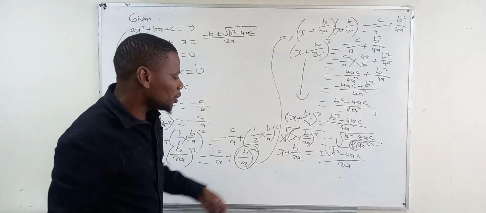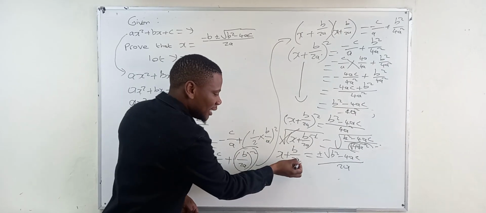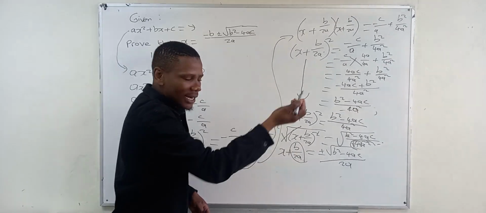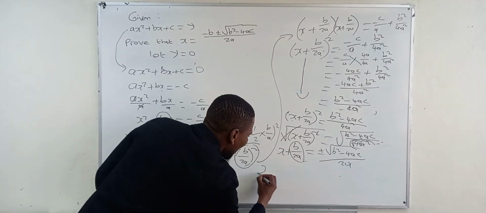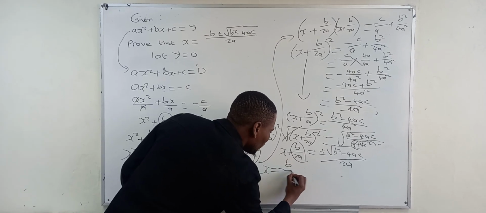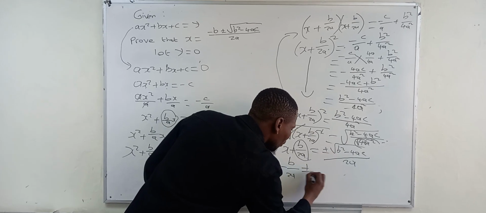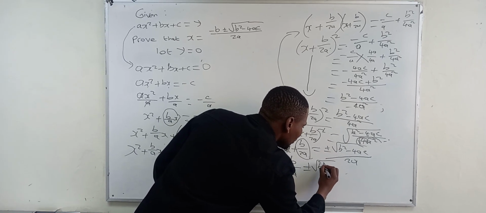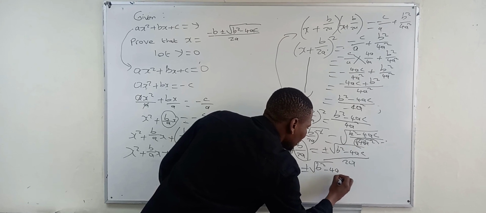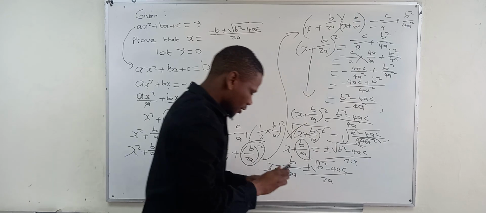So from here, what do we do? We want the value of x, so we transpose this to the right hand side. So we'll be having what? x equals to minus b over 2a plus or minus the square root of b squared minus 4ac over 2a.